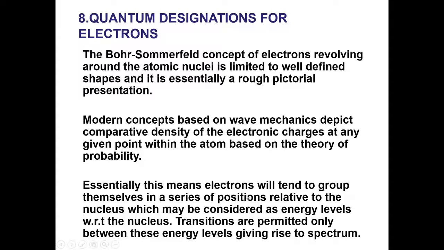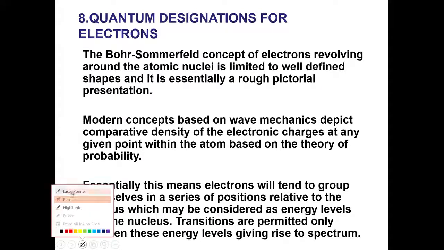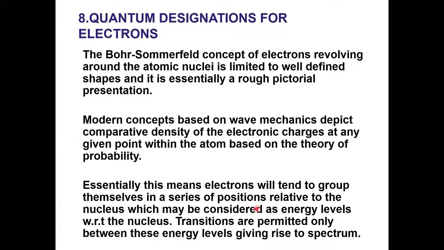Now, essentially this means the electrons will tend to group themselves in a series of positions relative to the nucleus, which may be considered as energy levels with respect to the nucleus.